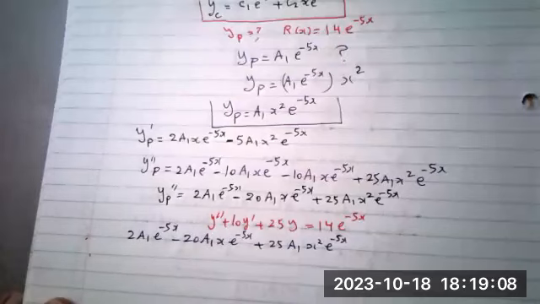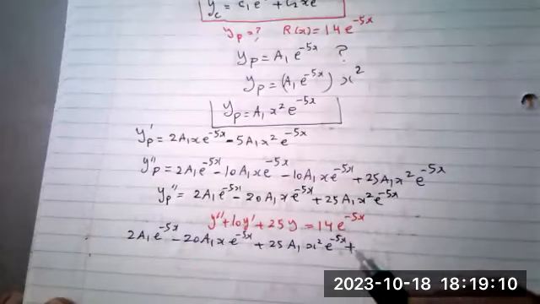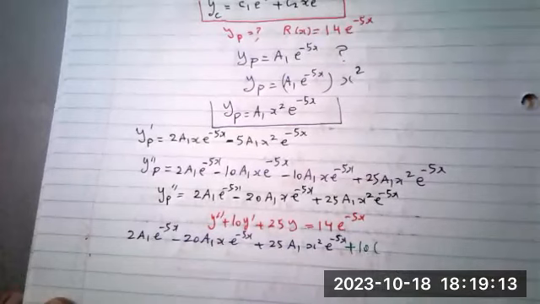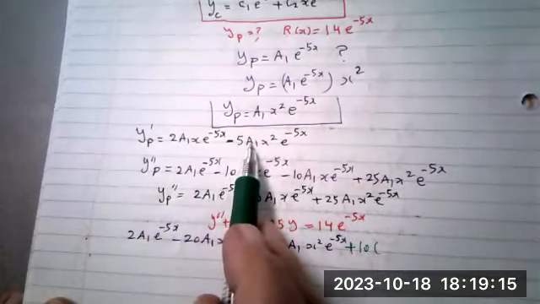Plus 10y prime. We multiply the y prime; this is the y prime.